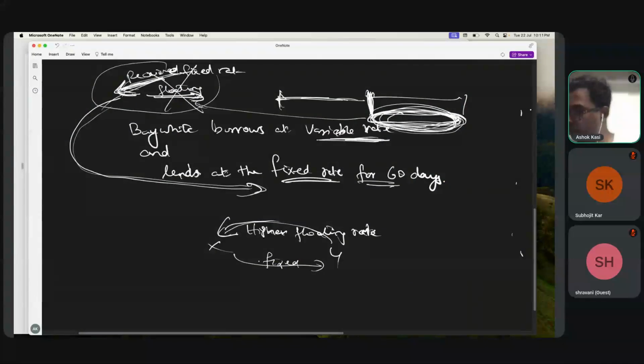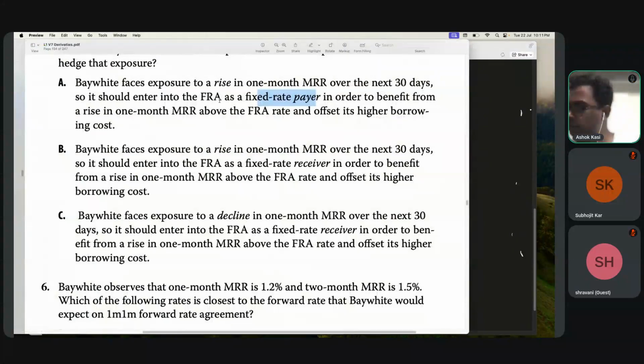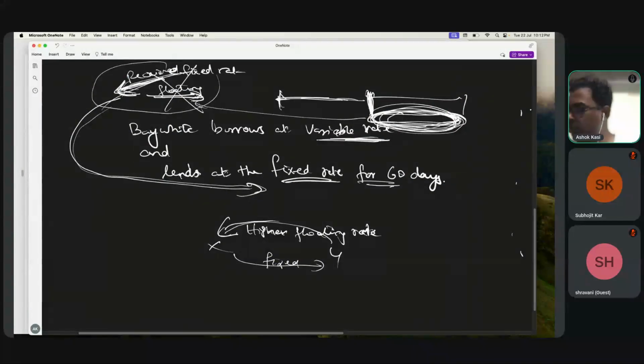So if it enters into an FRA as a fixed rate payer in order to benefit from a rise in the 1 month MRR above the FRA rate and offset its higher borrowing cost, that means they have to enter into another FRA agreement saying they will pay fixed rate and receive floating. Right now they have agreed to borrow at the floating rate.